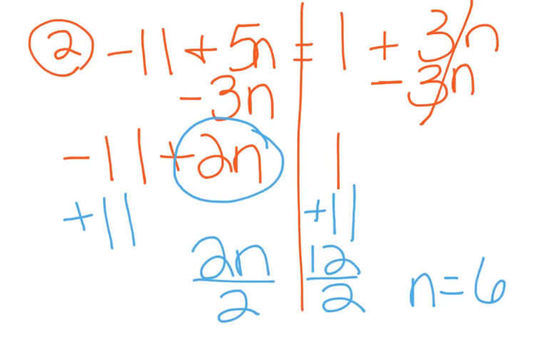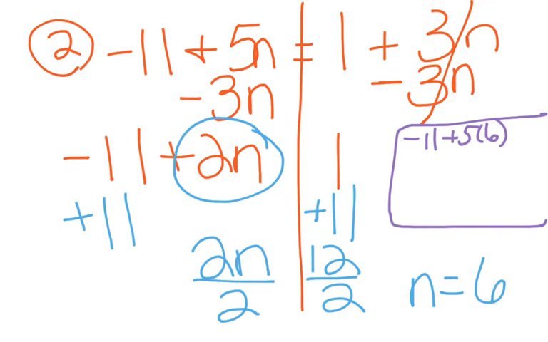And again, I can check my work on this. I'll make a box right here. I'm going to do negative 11 plus 5 times 6, replacing the n with a 6. So that's negative 11 plus 30, which is 19.